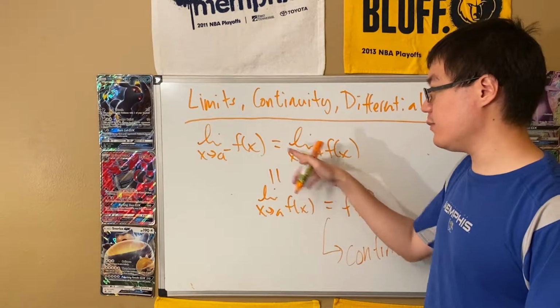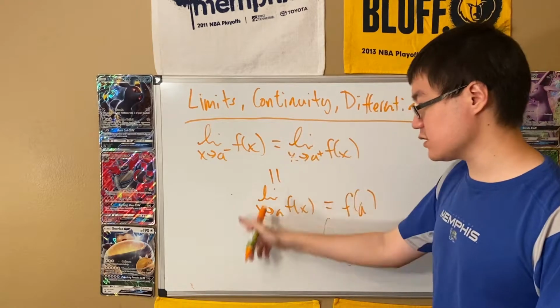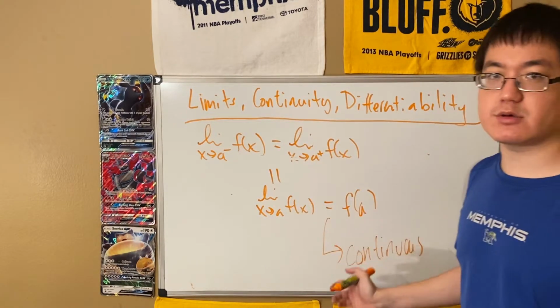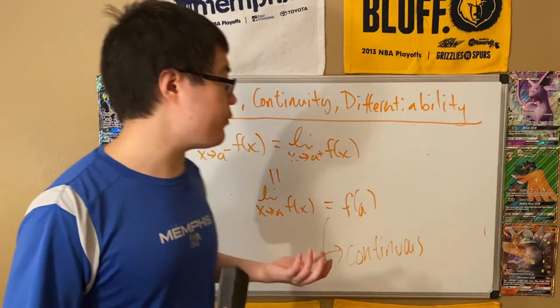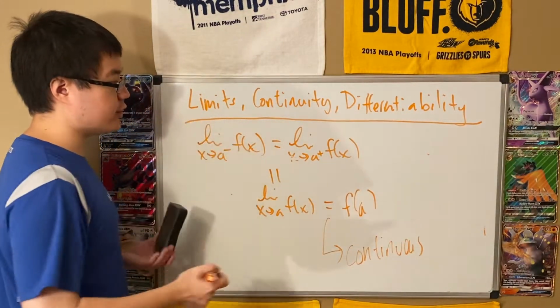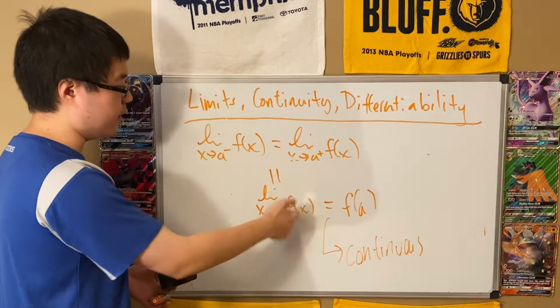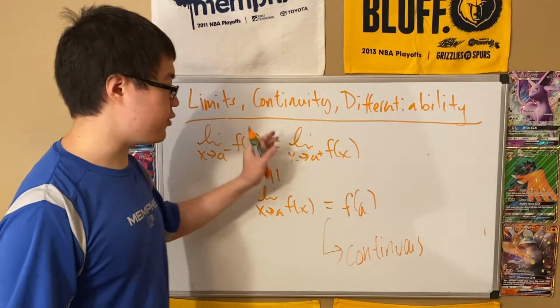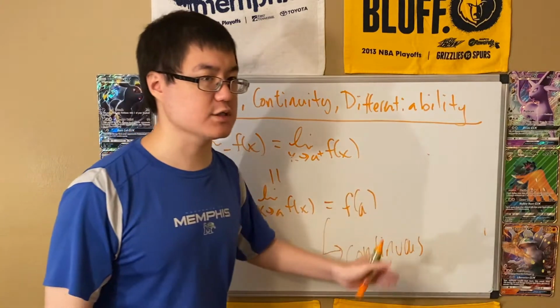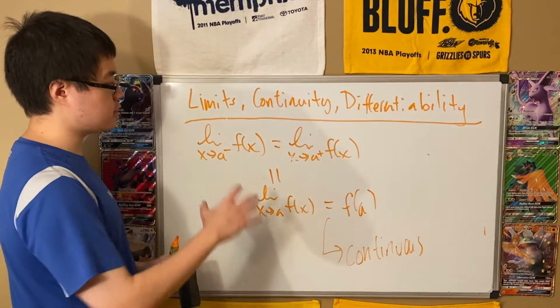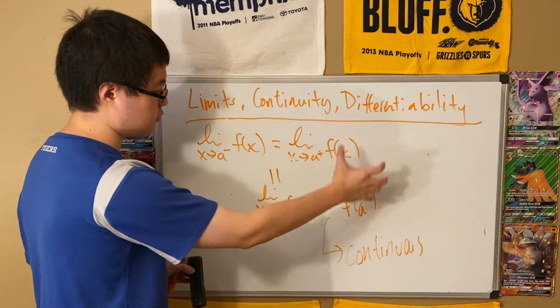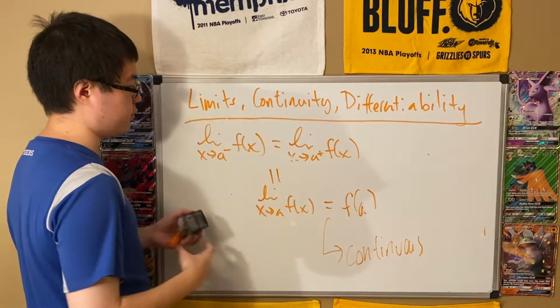These two being equal implies that this limit exists, and we do need to show an additional thing. So as we do these questions, what we're going to be doing a lot is showing three things are equal. The left limit is equal to the right limit, which means the limit exists. And then we want to show that this limit equals the function value. So again, we're showing that the left limit equals the right limit equals the function value.